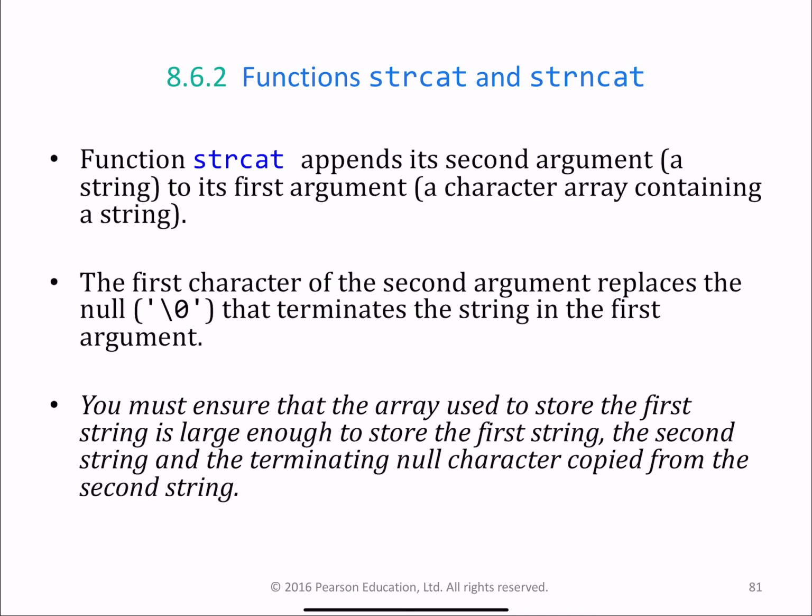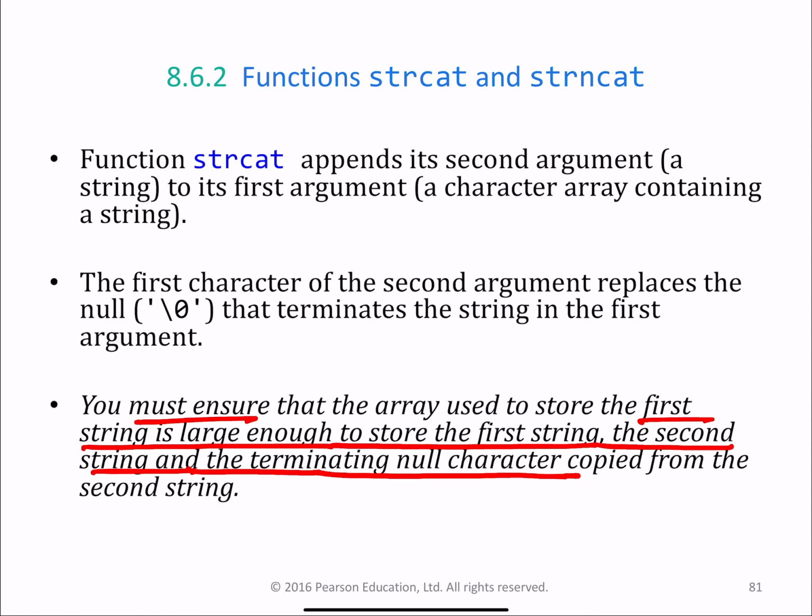What it does as well is it replaces the null character of the first string, overriding it with the first character of the second string. However, you must ensure that the first string is large enough to store both the first string and the second string and the terminating null character.